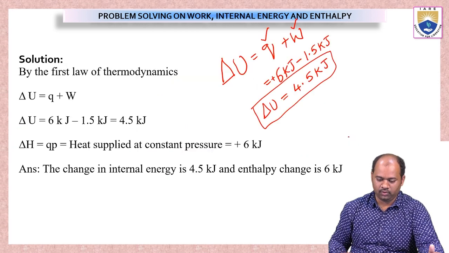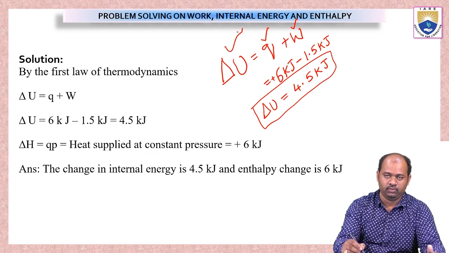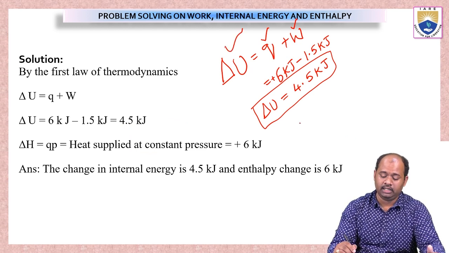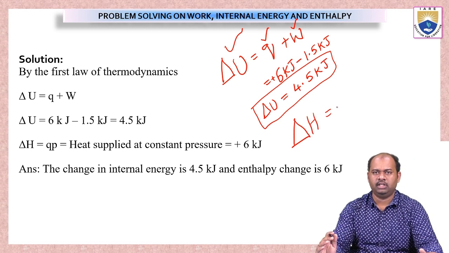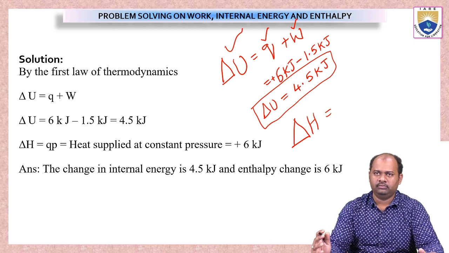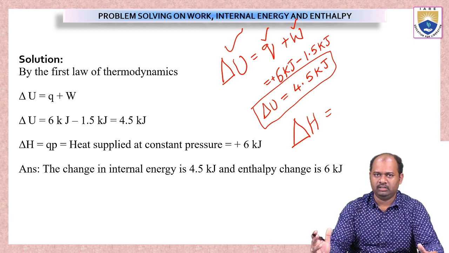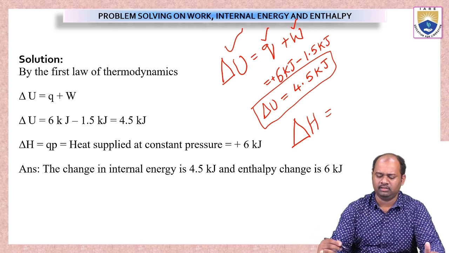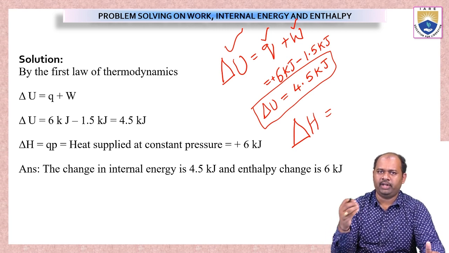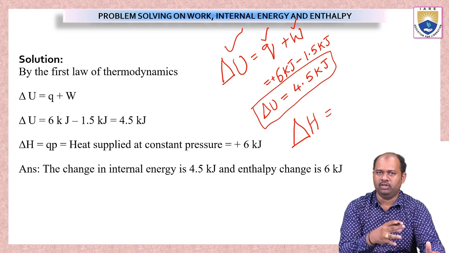So far we have calculated delta U, we have to calculate delta H. This is a normal process. There are no complications given in the question, like there is no isothermal, adiabatic, isobaric or isochoric process. This is a very normal process where the heat is supplied to the system and it has done some work.